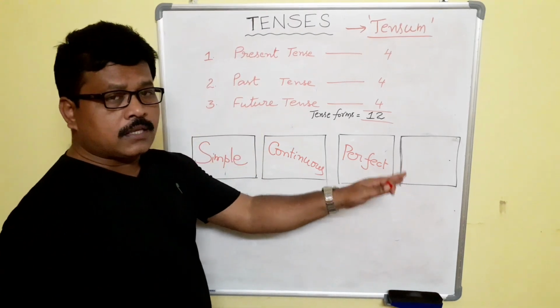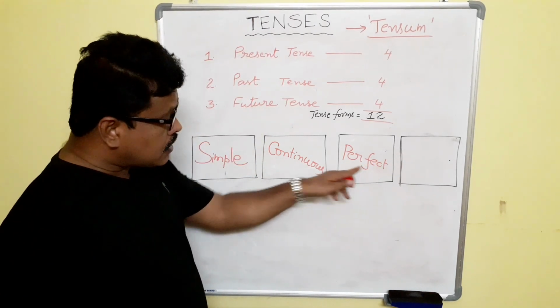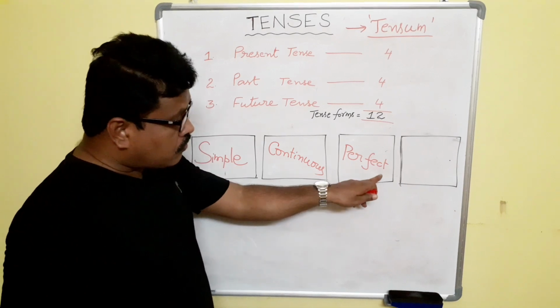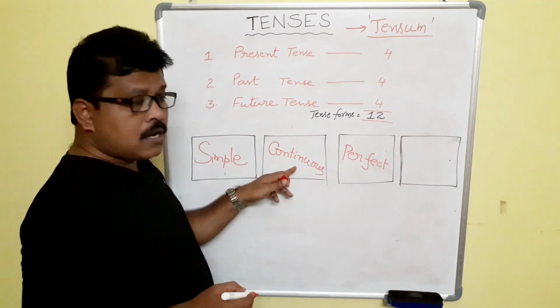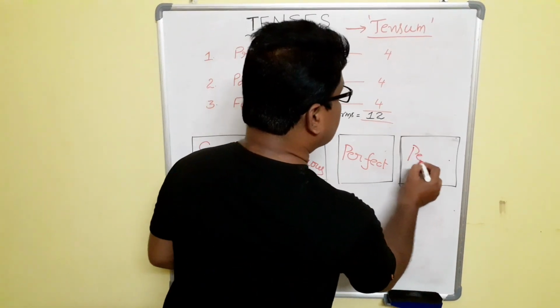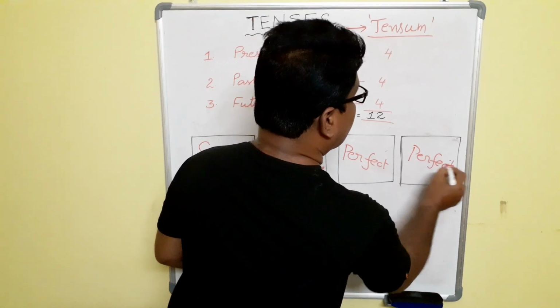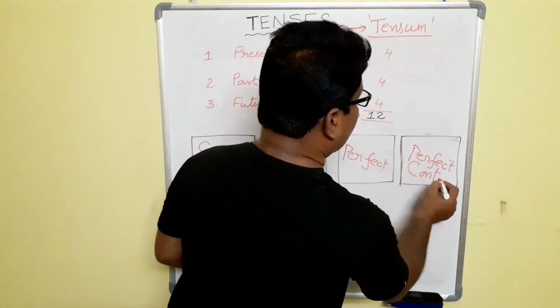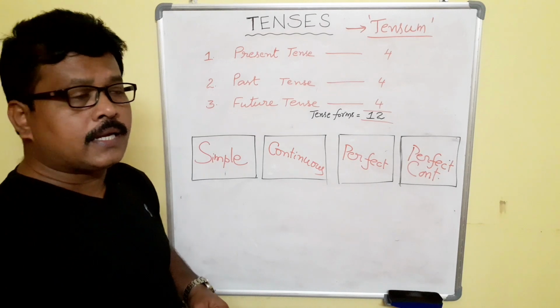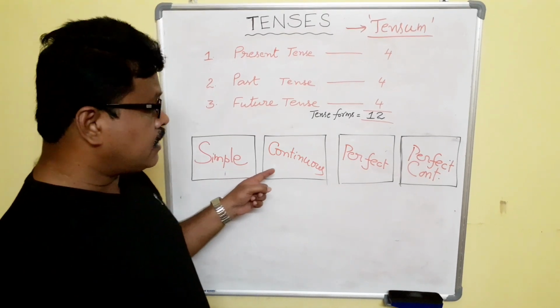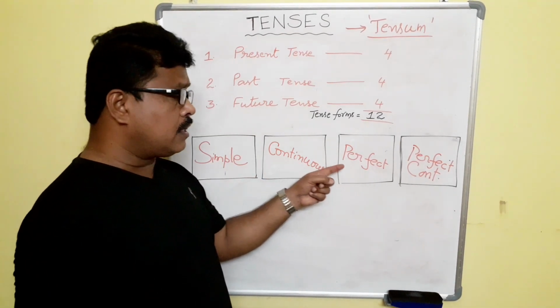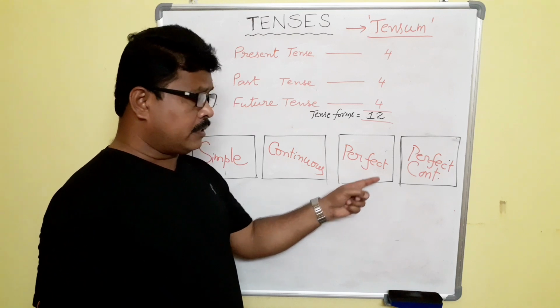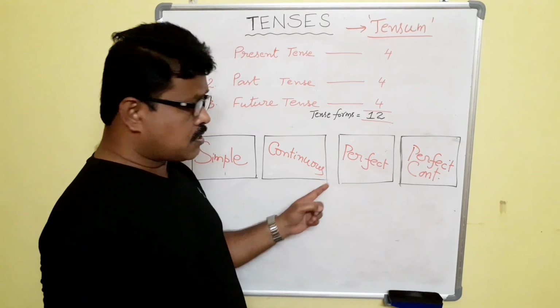In the fourth one I write perfect continuous. Perfect first, then perfect continuous. So the first one is simple, the second is continuous, the third is perfect, and the last one is perfect continuous.